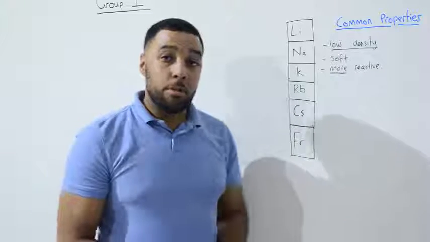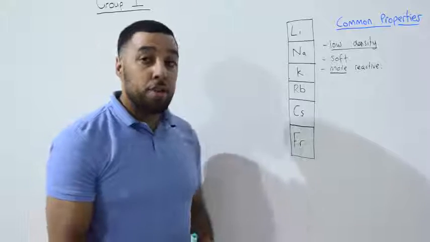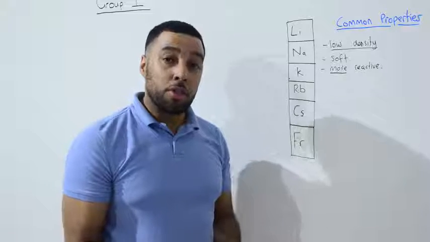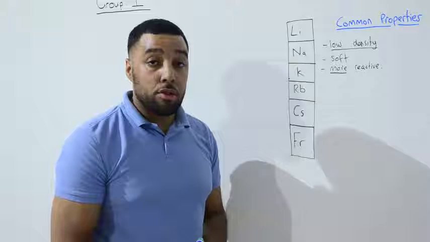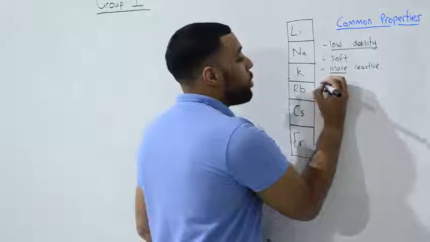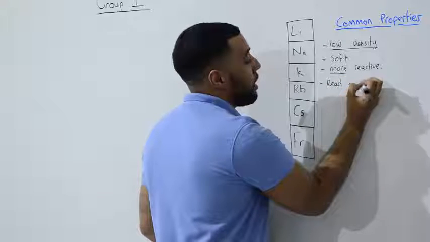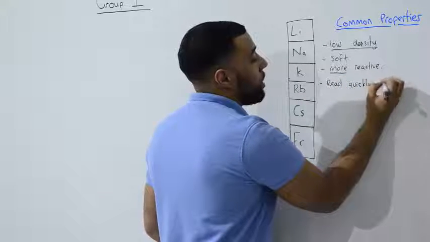Rubidium and cesium are class 2 dangerous for schools, and francium's radioactive, so we don't have much of it left in the Earth's crust. But again, all Group 1 metals will react quickly with water.